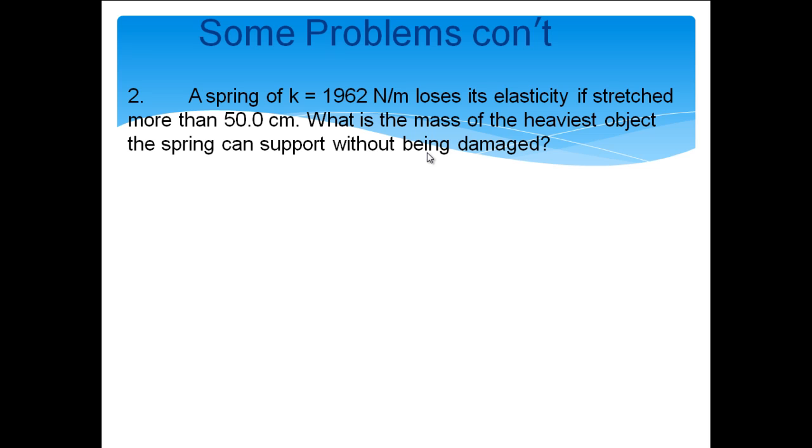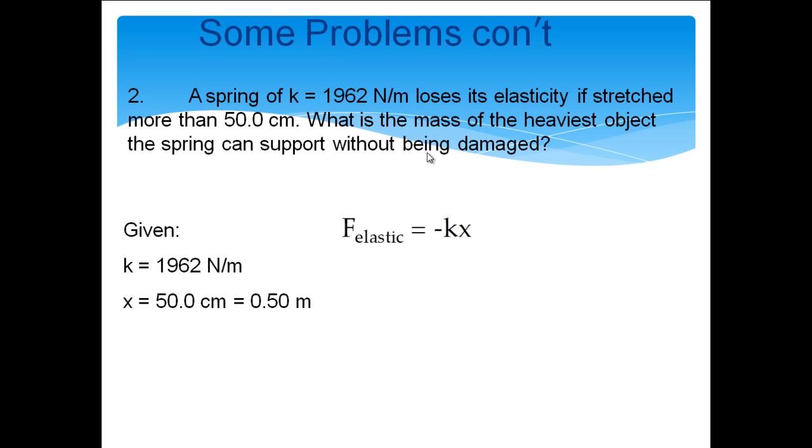So what's the first thing you think we have to do here? If k is in newtons per meter and x is in centimeters, you have to convert. So we convert the x, 50 centimeters, to meters. There are 100 centimeters in every meter, so we divide the centimeters by 100. There's our equation, Hooke's law.